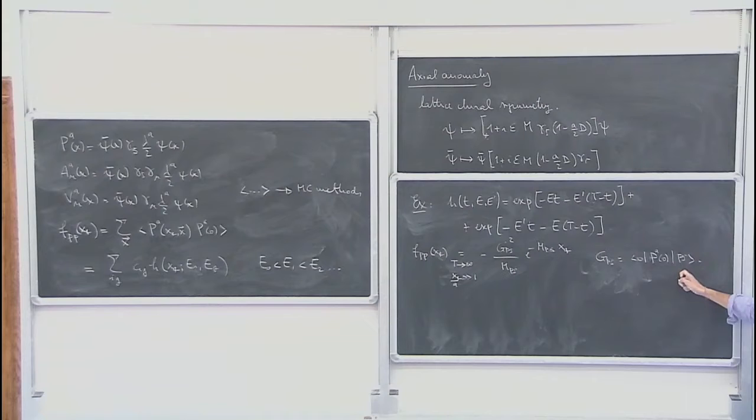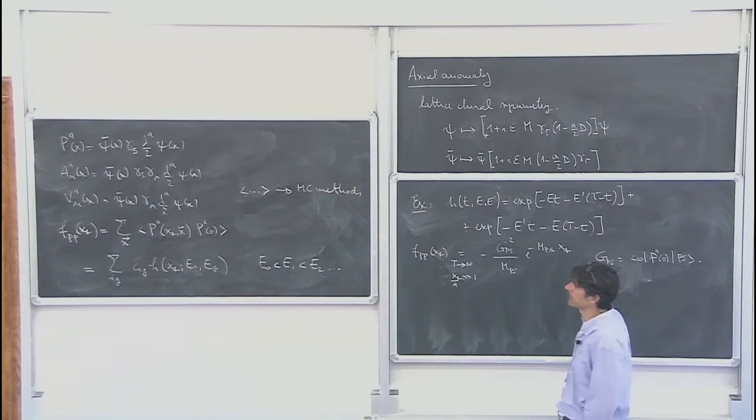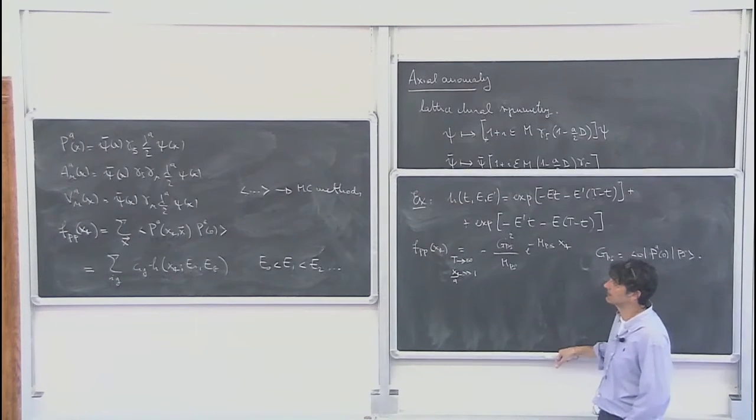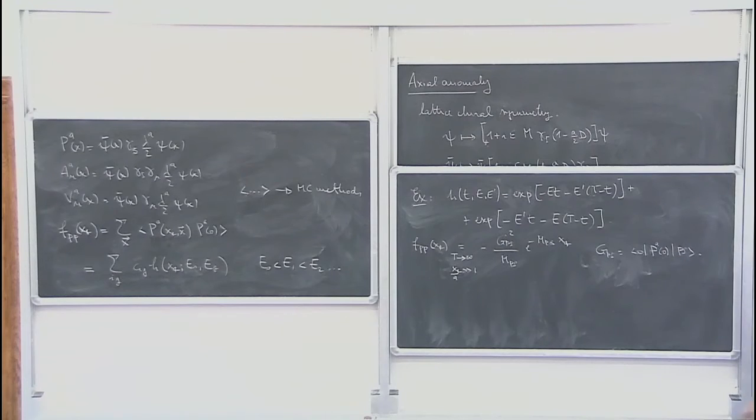And remember, these are the physical states, the eigenstates of the Hamiltonian. So the states that appear here are the physical states, so you get all the strongly interacting dynamics already built in.